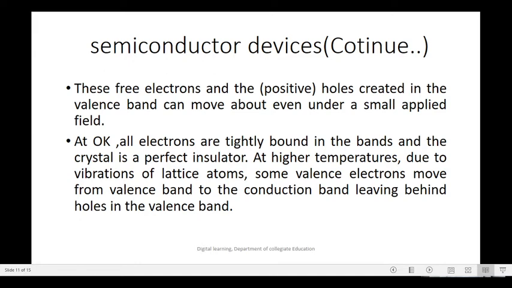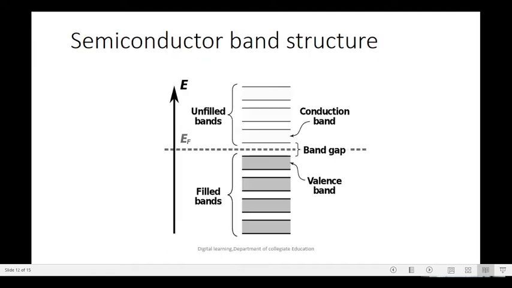These free electrons and the positive holes created in the valency band can move about even under a small applied field. At 0 Kelvin, all electrons are tightly bound in the bands and the crystal is a perfect insulator. At higher temperatures, due to vibrations of lattice atoms, some valence electrons move from the valency band to the conduction band, leaving behind holes in the valency band.